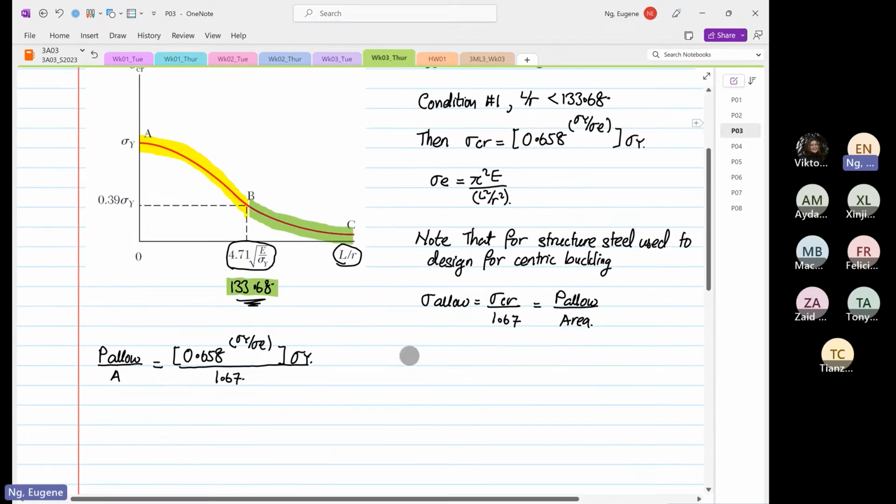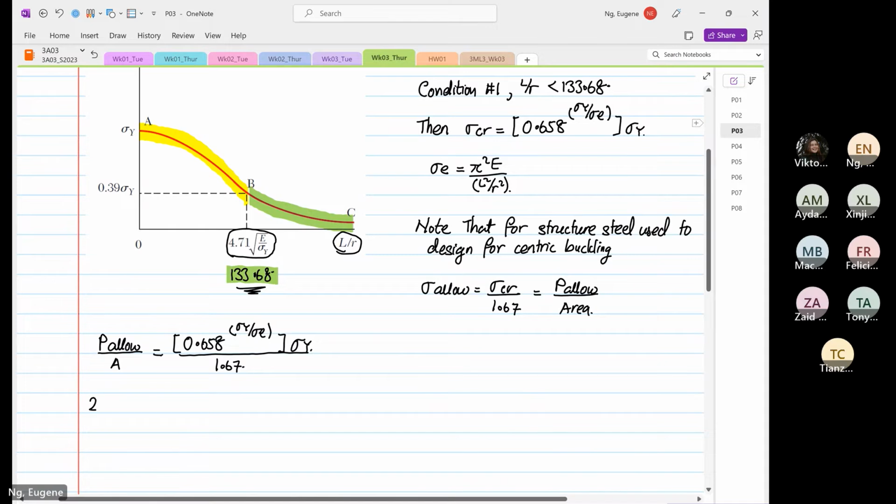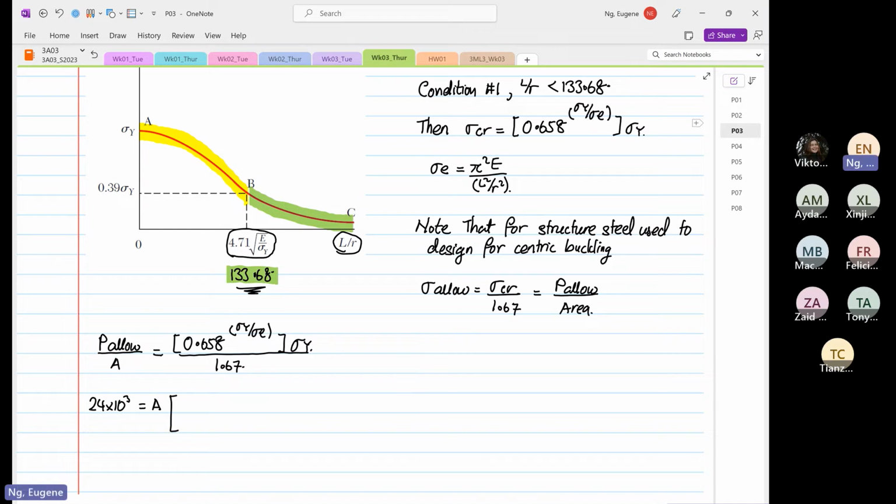Okay, so now the P allowable that we know is 24 times 10 to the power 3. I'm going to bring the area over, and then this will be equal to 0.658 to the power of stress U divided by stress E, close bracket.